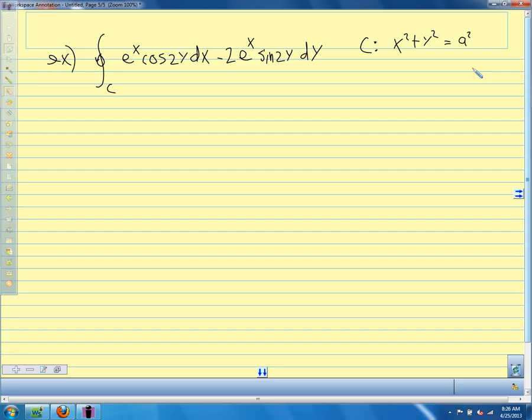What's our choice usually? Cosine and sine, so we're going to parameterize it with trig functions, so we're going to be in polar coordinates. x equals r cosine theta. y equals r sine theta.